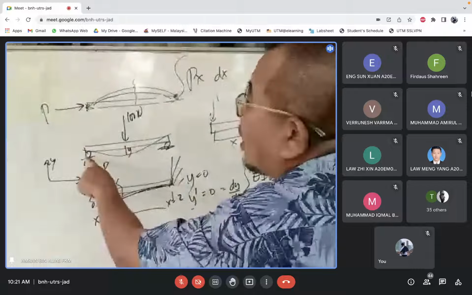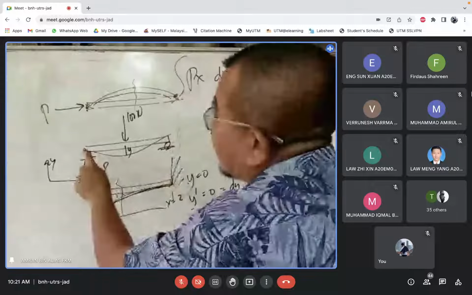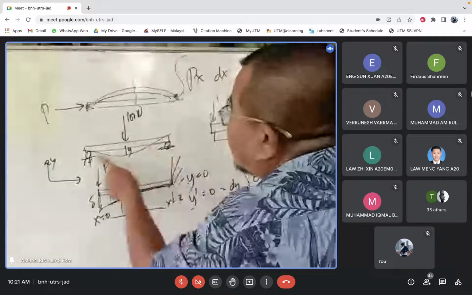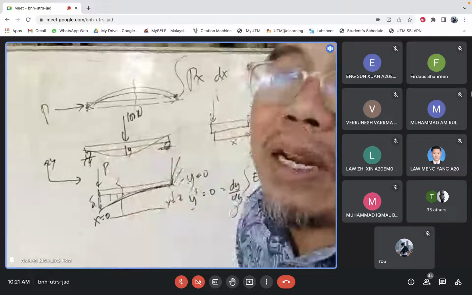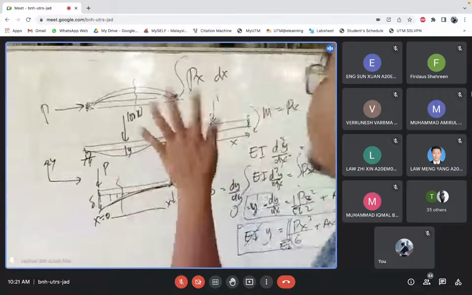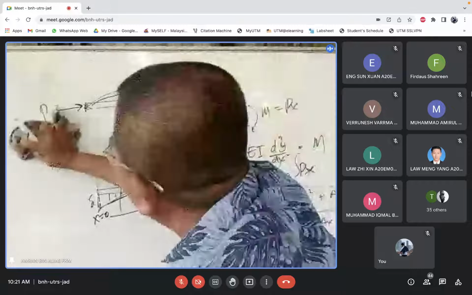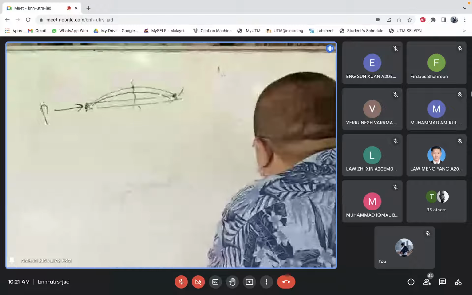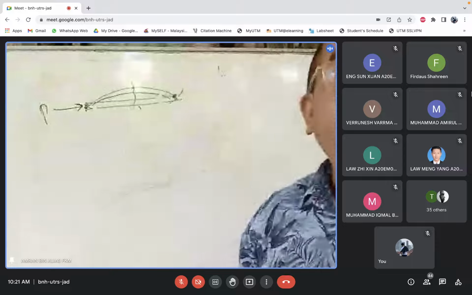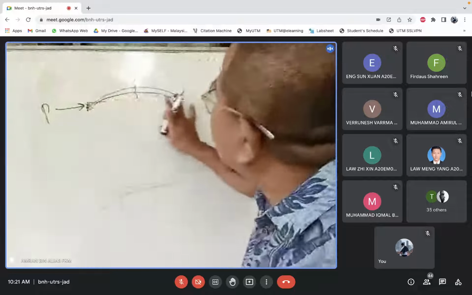For here, we got a slope at x0, y0. We got deflection at x0, y0. Got x equal to 2, y is also 0. Use that boundary condition to find A and B. No problem, that one. Now, look at this. That Macaulay system, there's a simple integration.